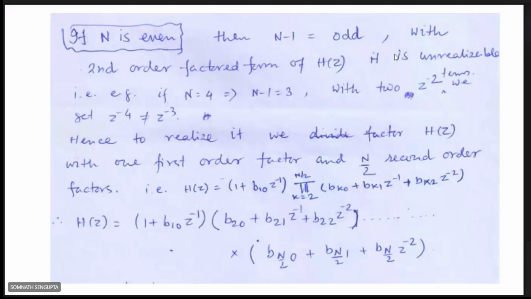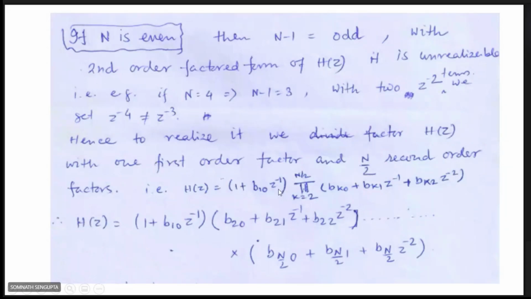Generally we write A(z) as z inverse taken common, so let us say it is 1 plus b10 z inverse. So the overall order will now become odd. Okay, n will be odd now if you take one power of z inverse out of that.